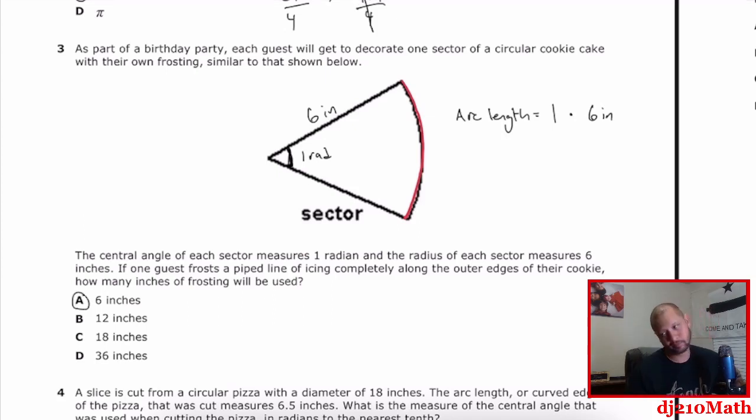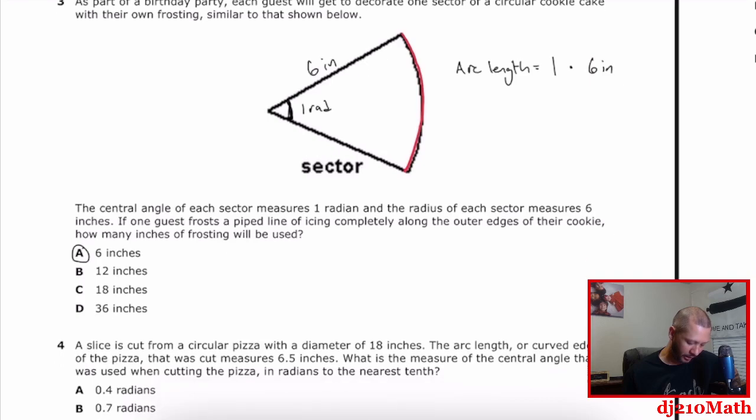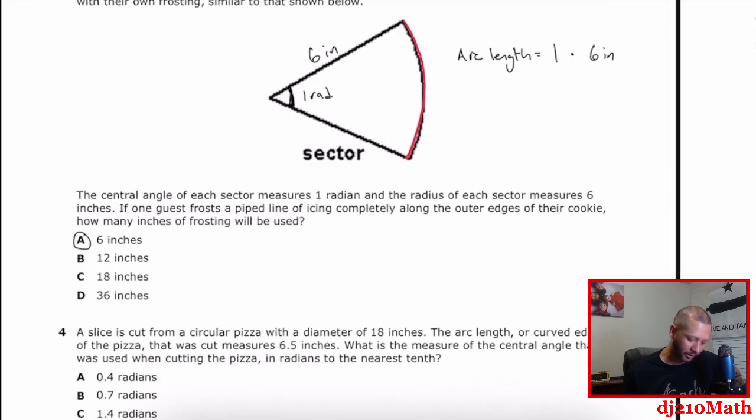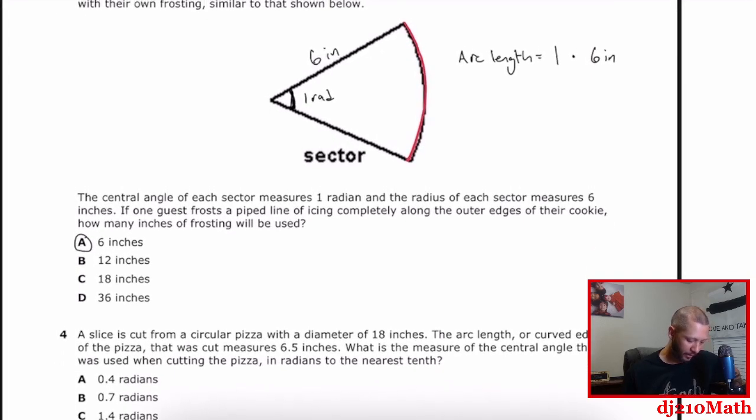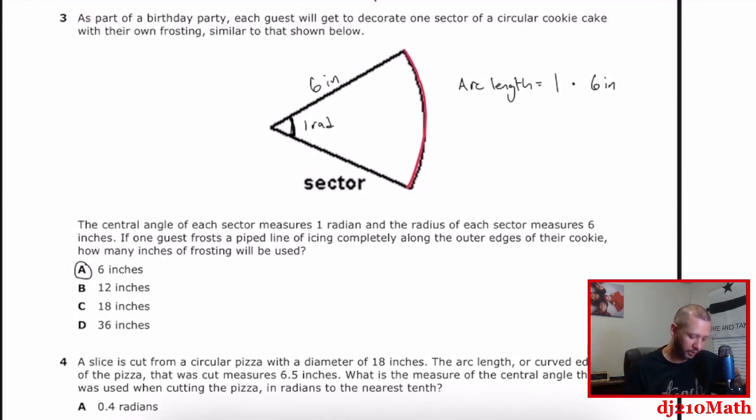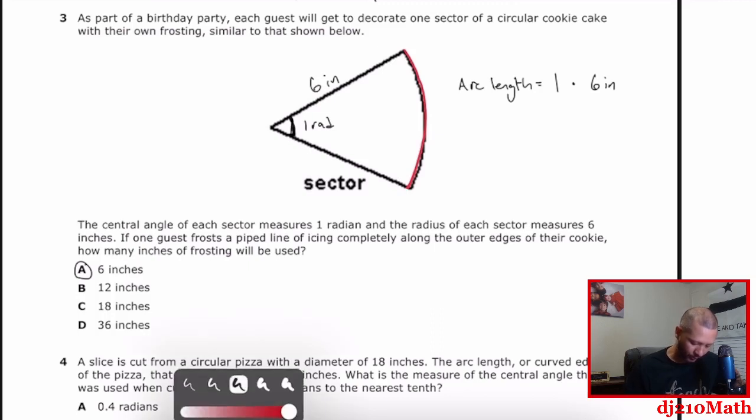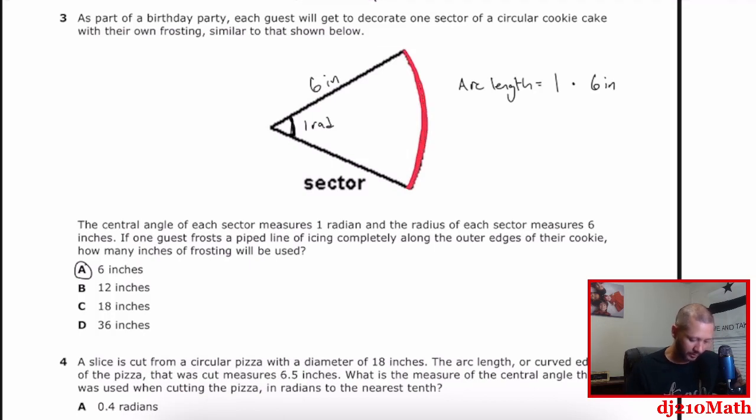It's almost ambiguous. It's saying if one guest frosts a piped line of icing completely along the outer edges of their cookie, how many inches of frosting will be used? So are they just frosting the red line? Because 6 inches would be just that edge.